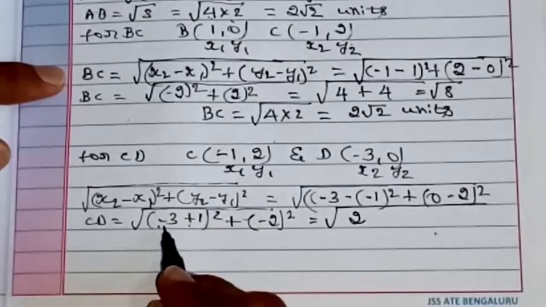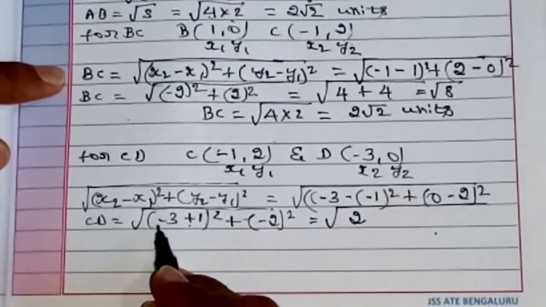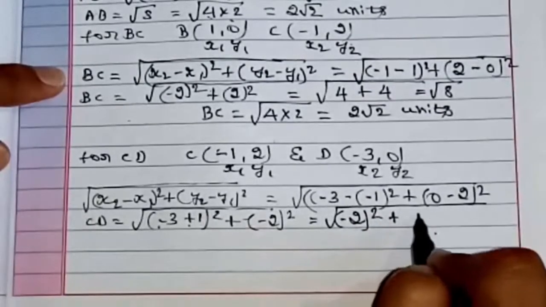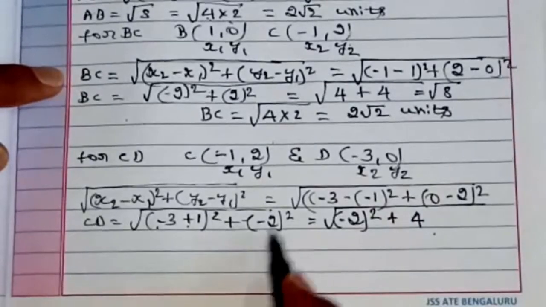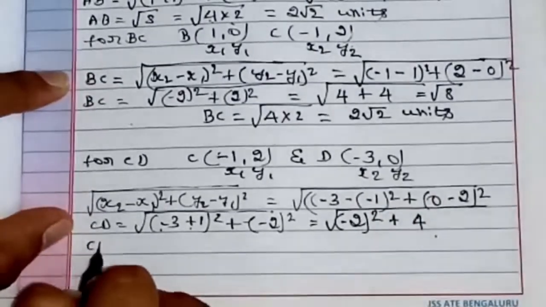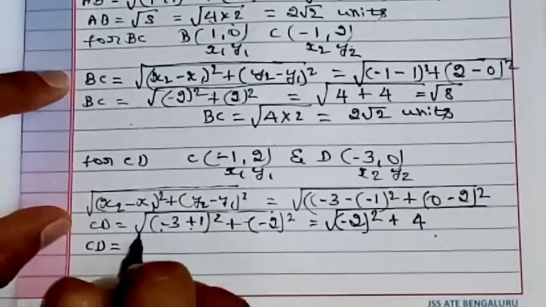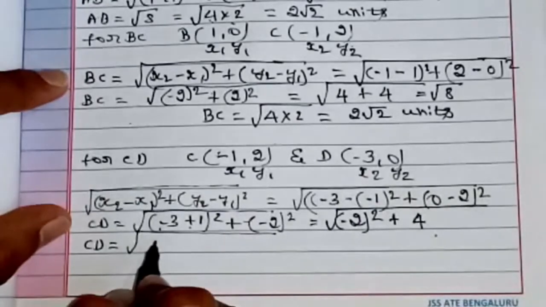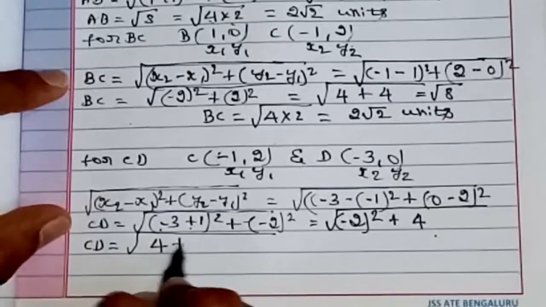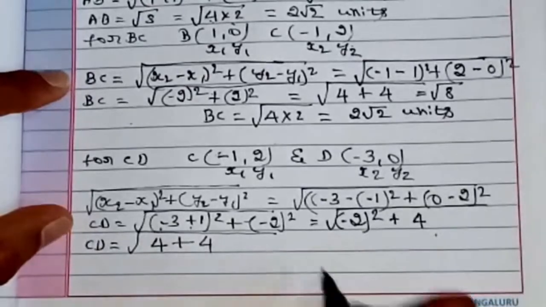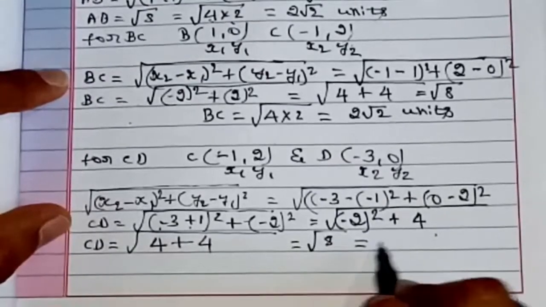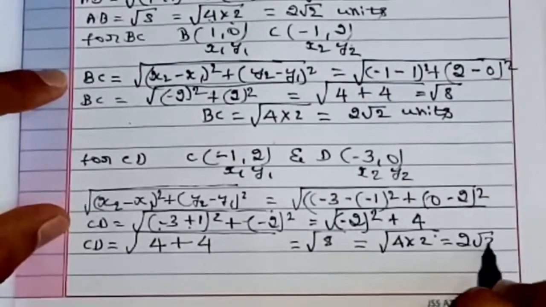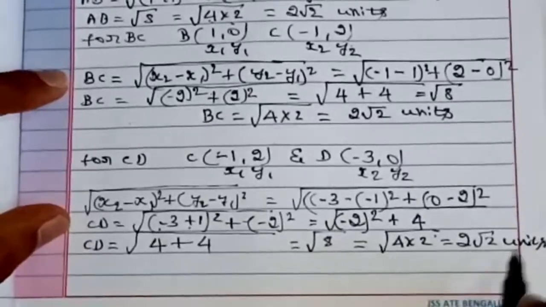Any minus square will be plus, so minus 2 square is 4, plus the remaining 4. That equals 4 plus 4, which is 8. Again 8 can be written as 4 into 2, so the answer is 2 root 2 units.